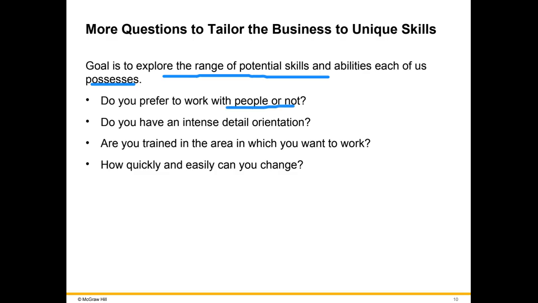Are you the one who, when you see something, goes into detail, wants to see how this thing started, what is the reason, and what are the different compositions? Like if you're buying a new mobile phone, do you go and research each and every mobile phone, or are you just a casual kind of person? Are you trained in the area in which you work or want to work?